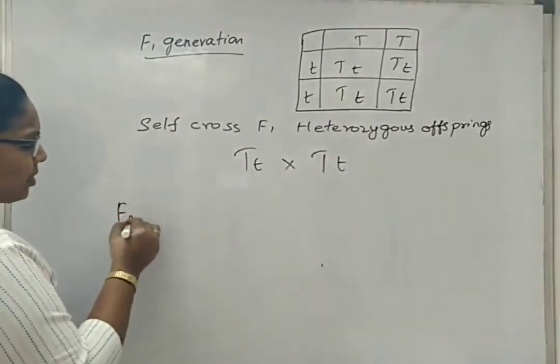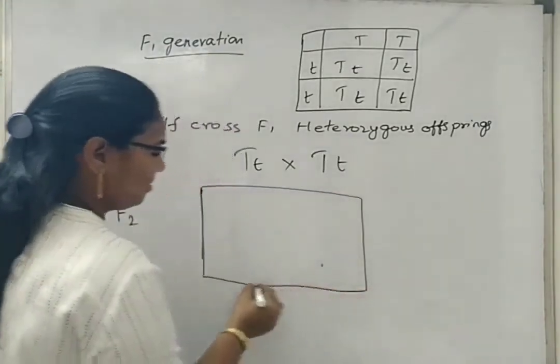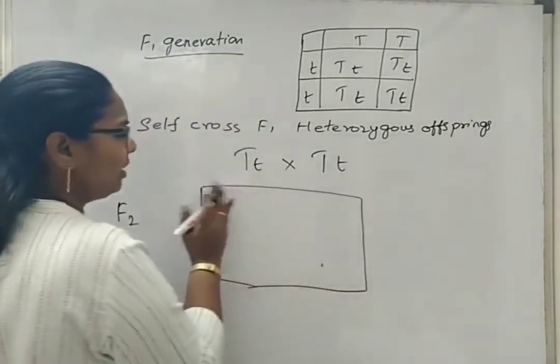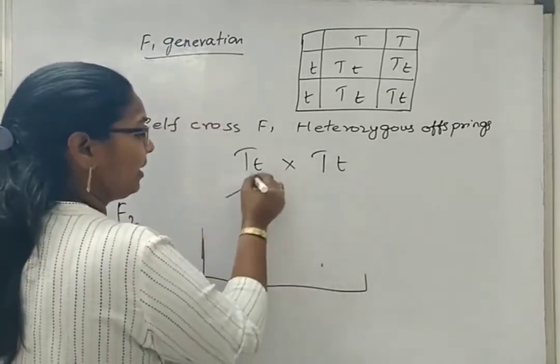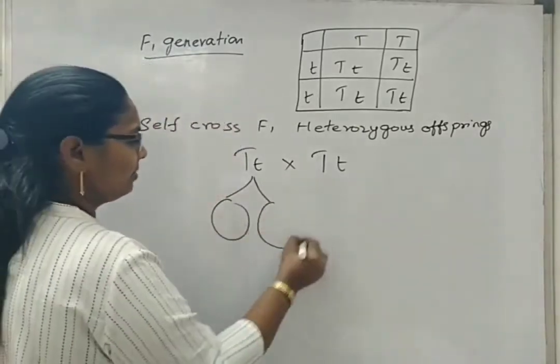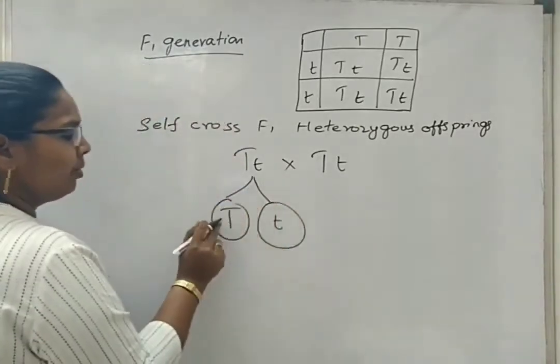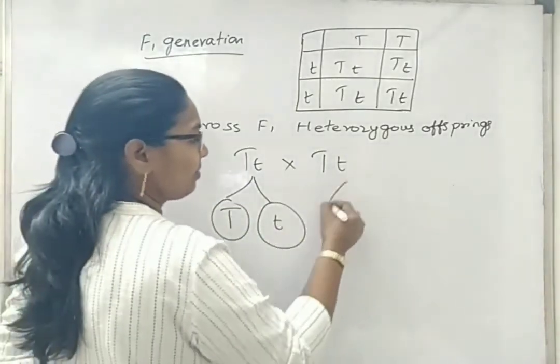Now, when we arrange this in the form of a Punnett square, according to Mendel's second law, gametes got separated. Like this, both the heterozygous alleles got separated into separate gametes.